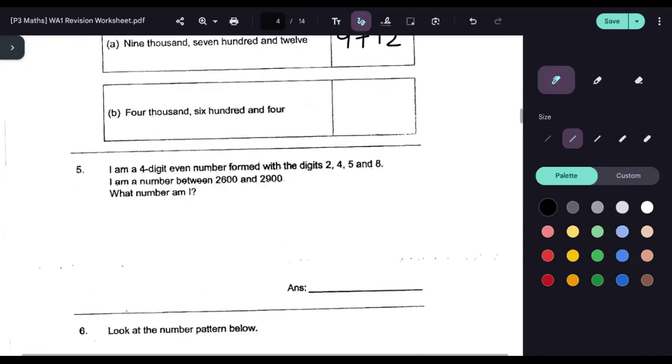Next, 4,604. Take note there is no tens, so it will be 4,604. Clear?